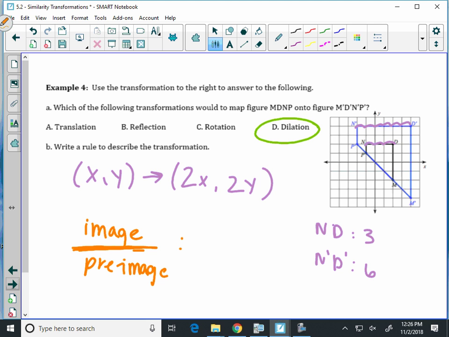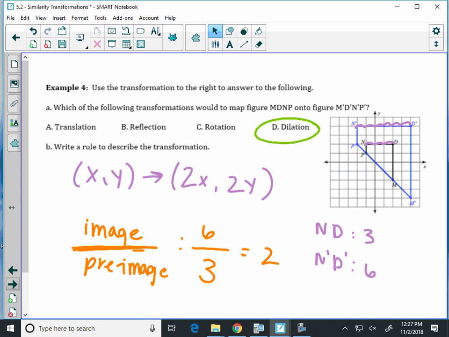So we got that the side of our image was 6 and our pre-image was 3. What's 6 divided by 3? 2. So when you get weird numbers and you don't know what multiplies 3 to give you 6, you have to do that and you'll get your scale factor. Sometimes your scale factor is a decimal, and it's hard to do. Questions over that? No?